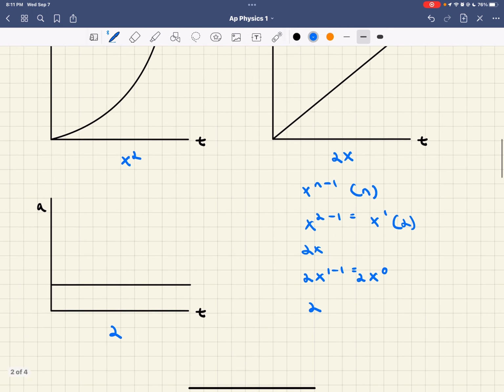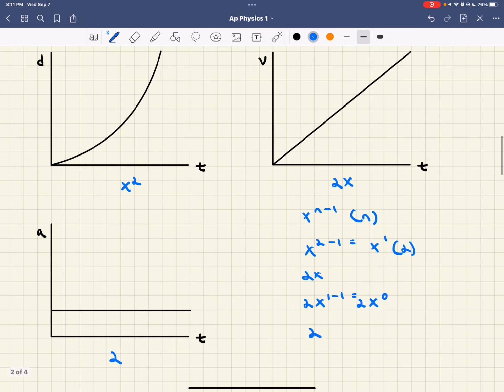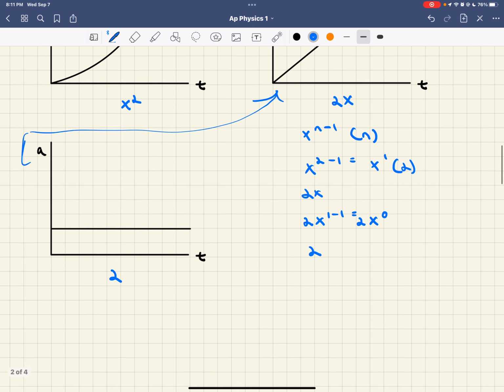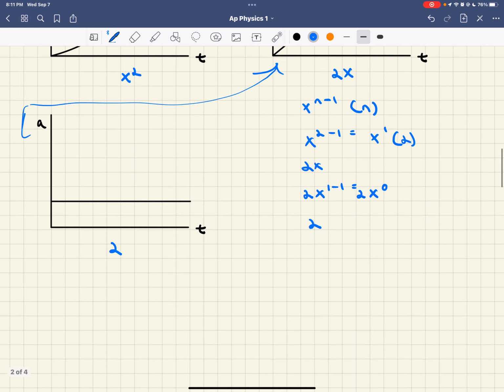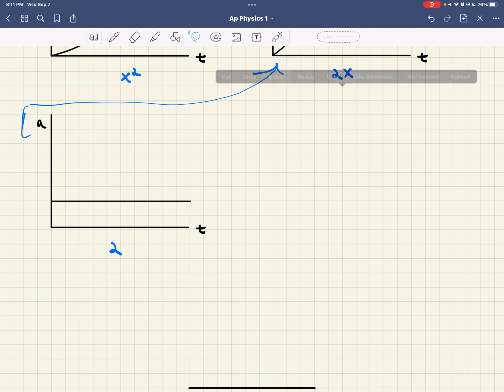And if you want to go backwards, let's say you're given an acceleration graph and you want to go to velocity, you're just going backwards. What you would do is use the integral. For the integral, the formula is x to the nth term plus 1 over n plus 1.